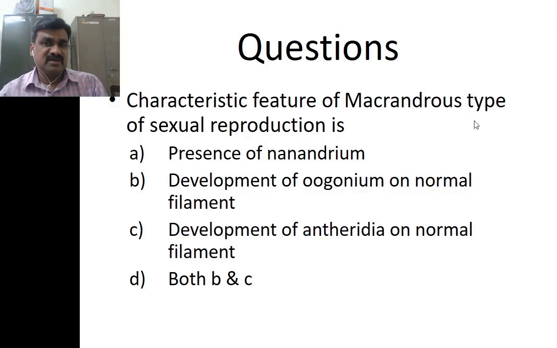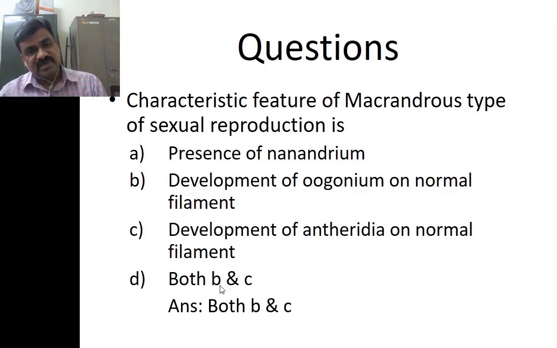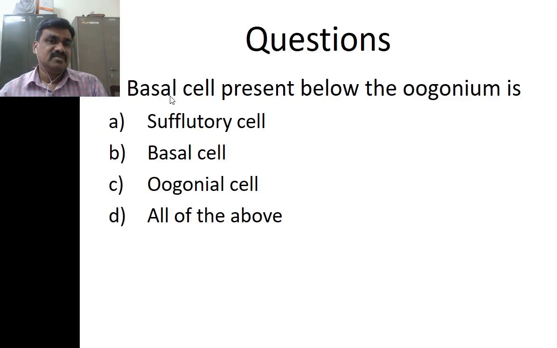A characteristic feature of Macrandrous type of sexual reproduction is: presence of anandrium, development of oogonium on normal filament, development of antheridia on normal filament, and both B and C. The correct answer is option D, both B and C, that is oogonium and antheridium development takes place on the normal sized filament. Then the basal cell present below the oogonium is: suffultory cell, basal cell, oogonial cell, all the above.